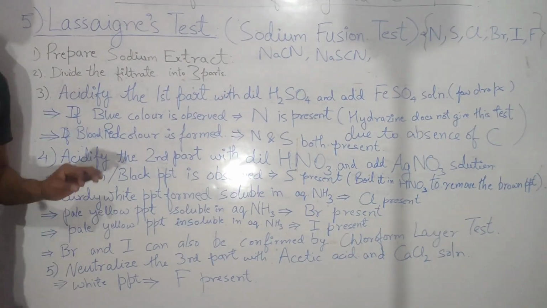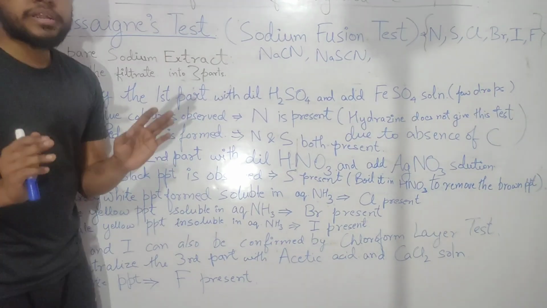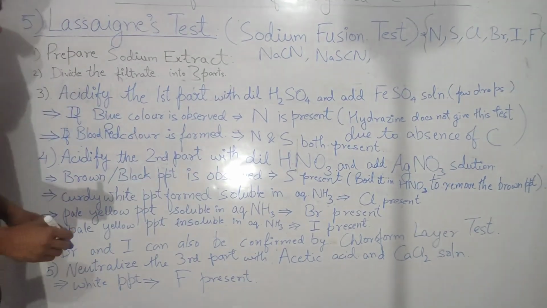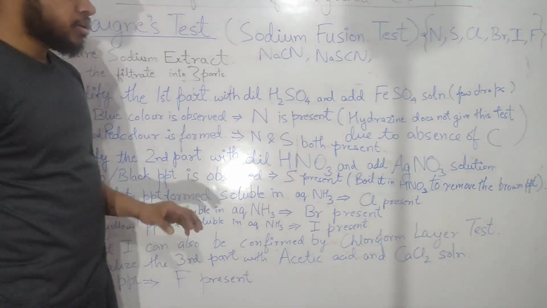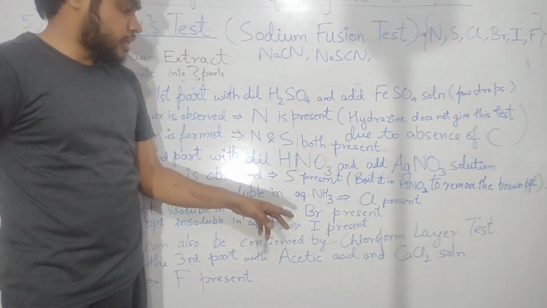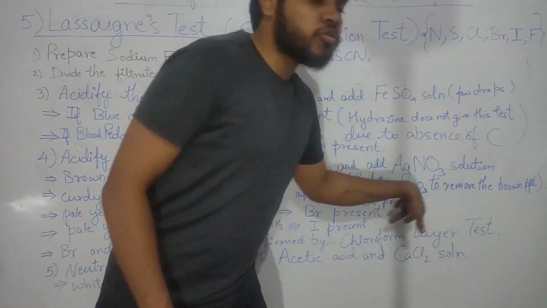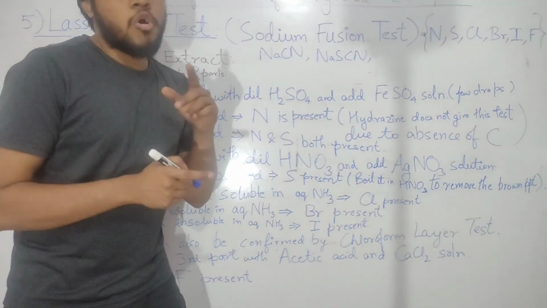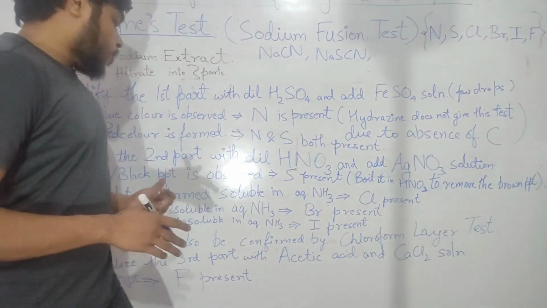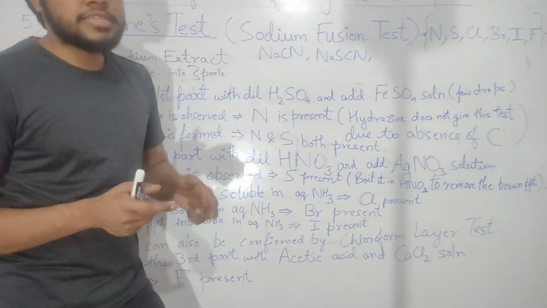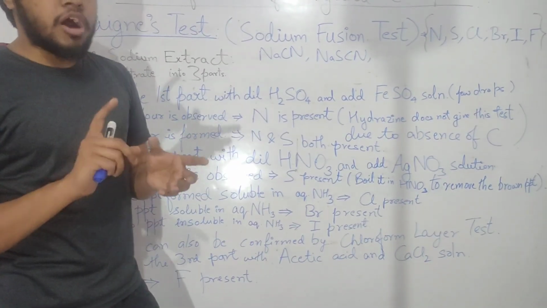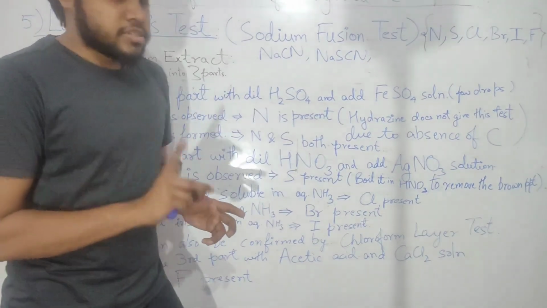Bromine and iodine can be determined by chloroform layer test. If you are unaware of this chloroform layer test, you can watch my video on bromide ions and iodide ions. In that I will show you how to perform chloroform layer test.